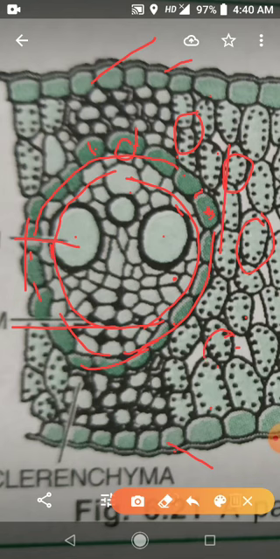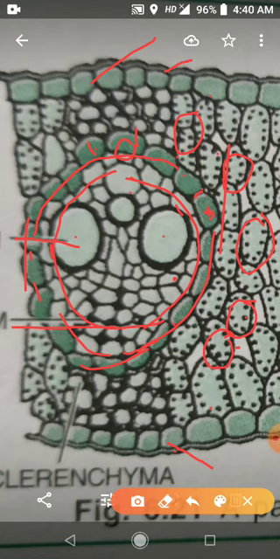In the mesophyll cells, the number of chloroplasts is less and they are small, but they have well developed grana.